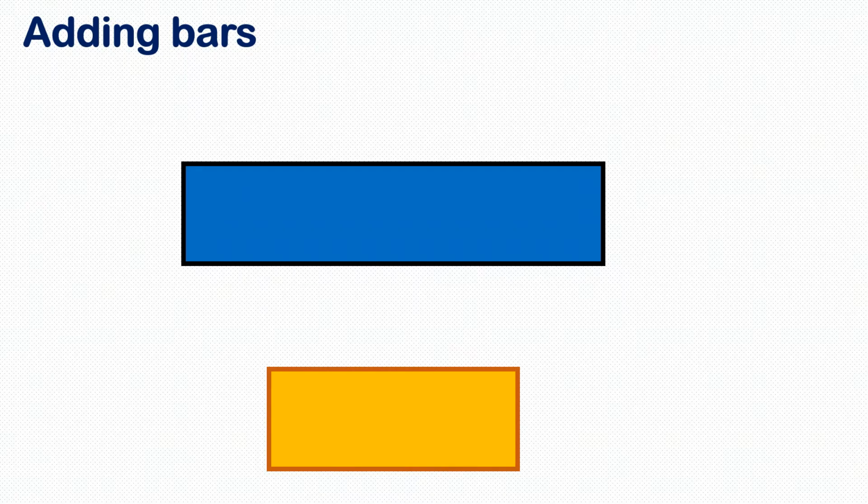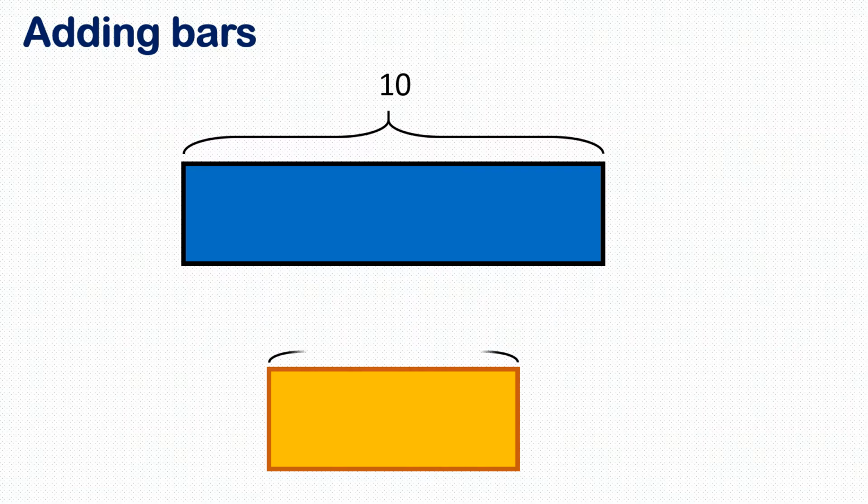Now we'll add value to these bars. The blue color bar's value is 10 and the yellow color bar's value is 4. Now we'll add these two bars together.